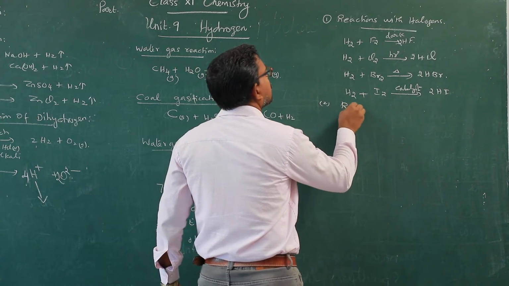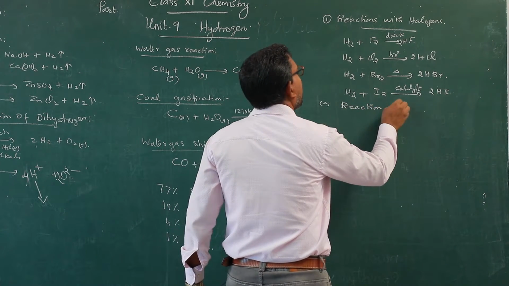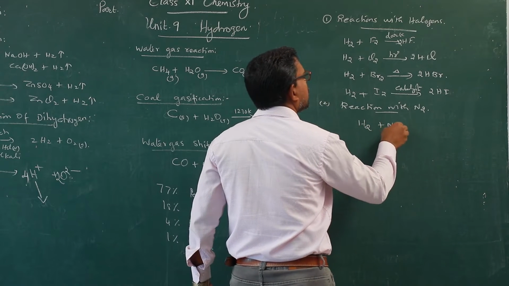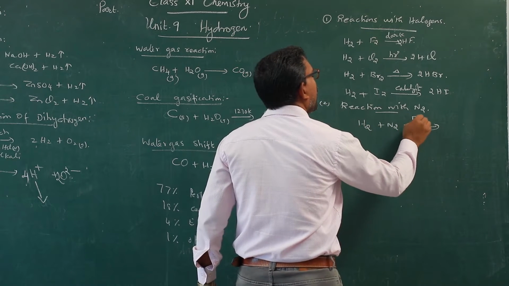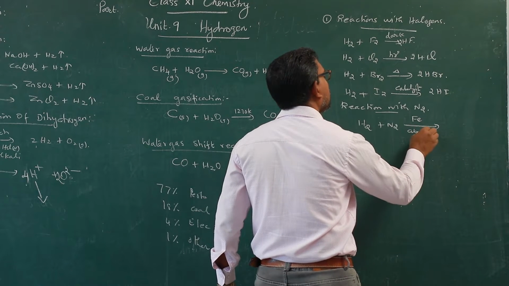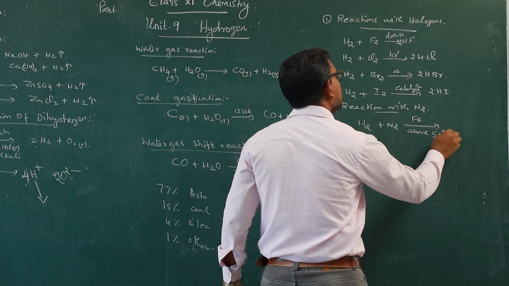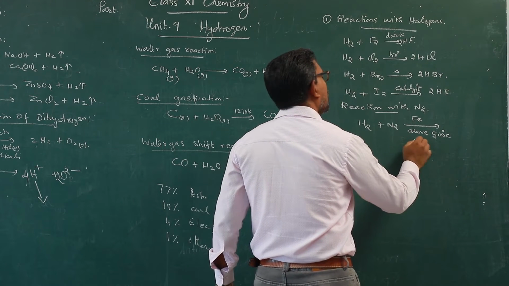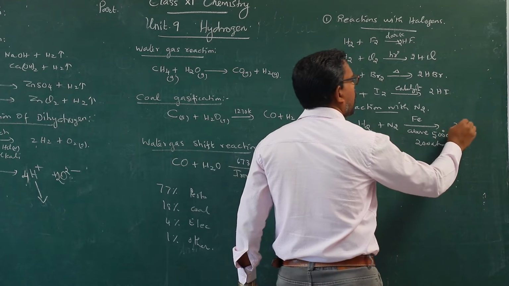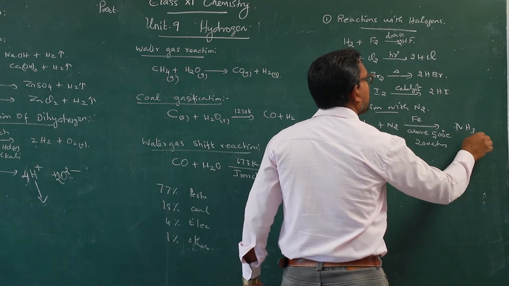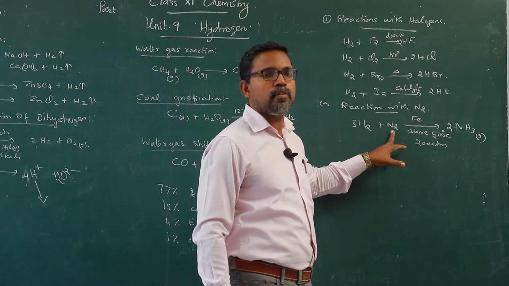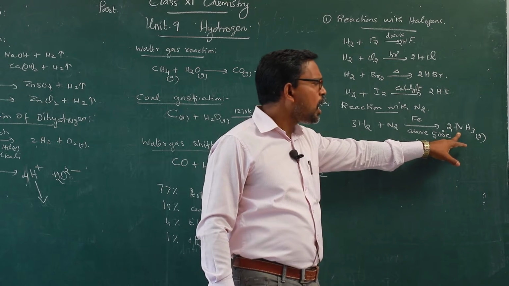And reaction with nitrogen. Hydrogen reacts with nitrogen in the presence of iron as the catalyst at a temperature of about 500 degrees Celsius and 200 atmospheric pressure. It gives ammonia as the product: 3 molecules of hydrogen react with a molecule of nitrogen to give 2 molecules of ammonia.